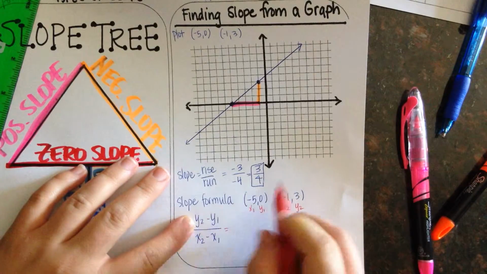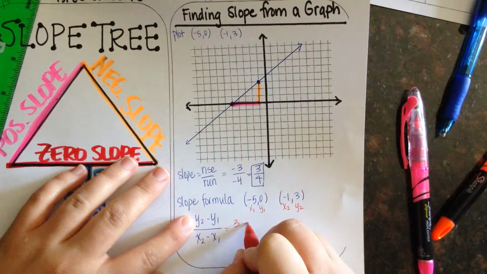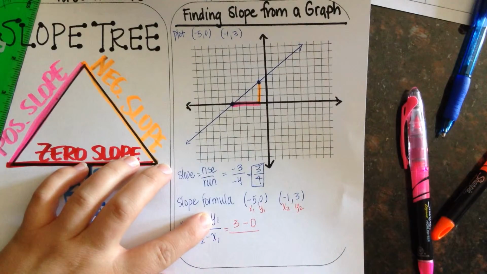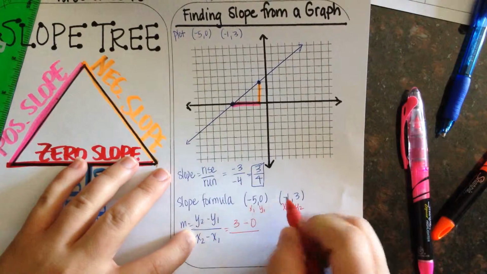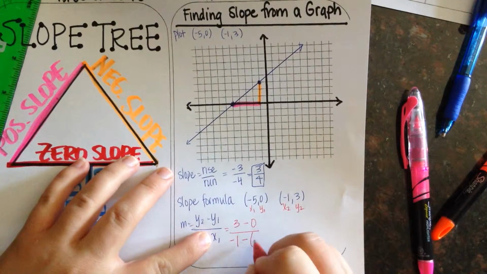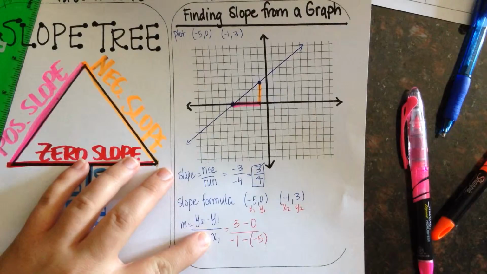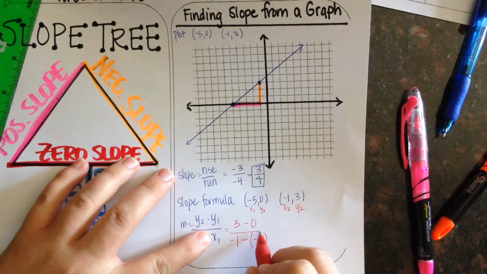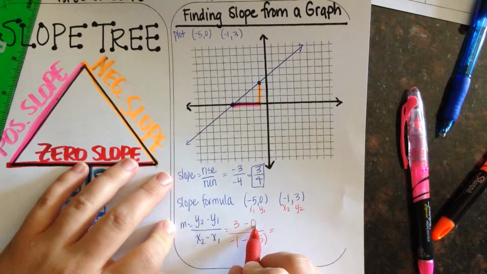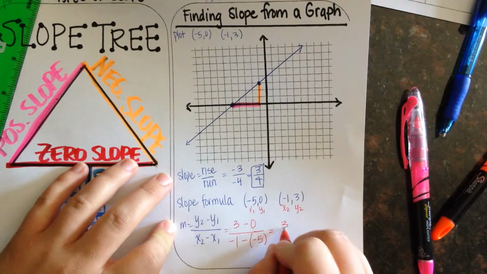So y2 is 3 minus y1, which is 0, over x2, which is -1, minus x1, which is -5. Now this is what I said earlier about watch your negatives, okay? And so on the top, if we simplify this, 3 minus 0 is 3.